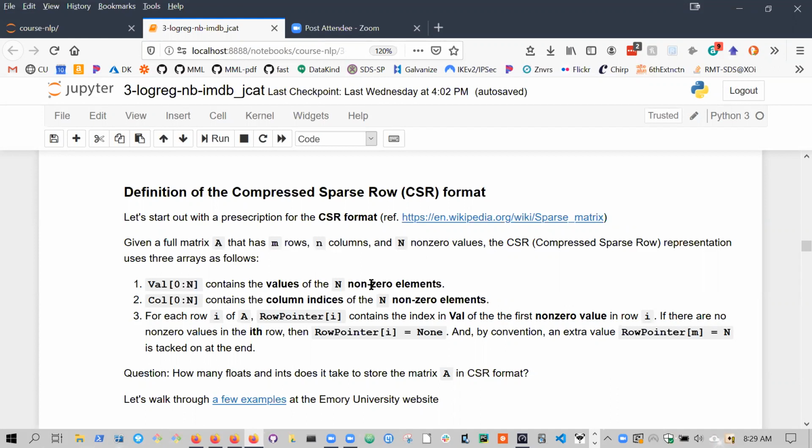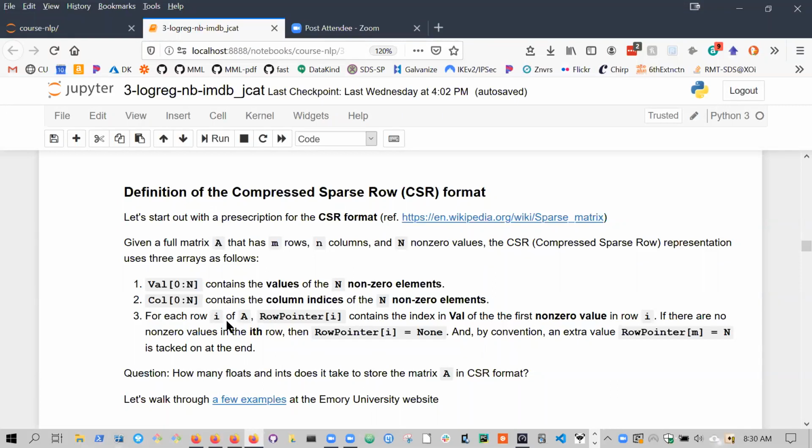One is a list containing all the non-zero values. Another is a list containing the column indices of all the non-zero values. And then the third list is the more complicated one, at least it's a little more difficult to understand. It's called row pointer, and it contains an entry for every row.